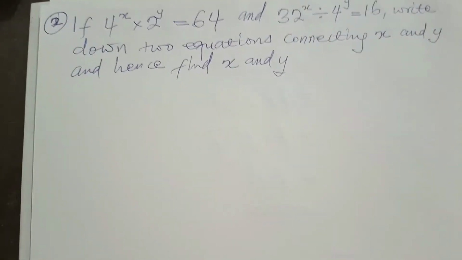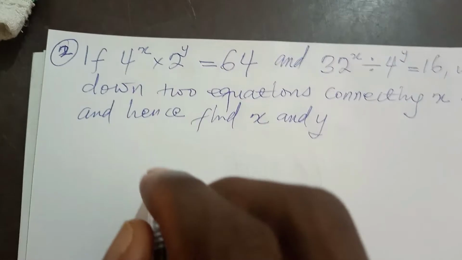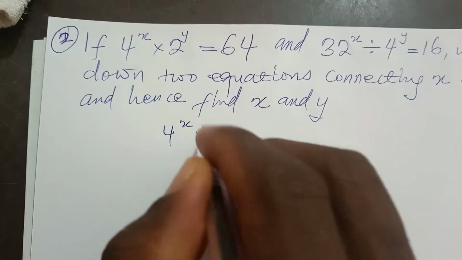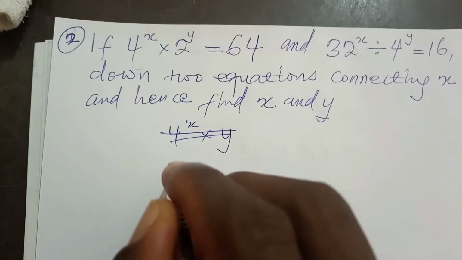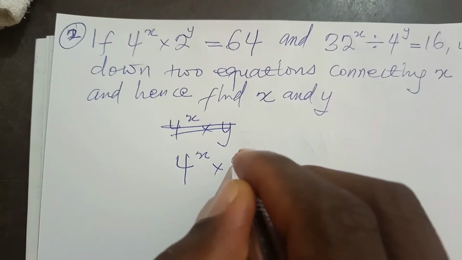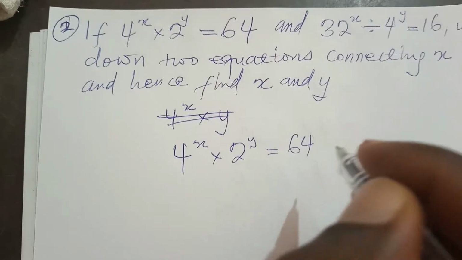Let's go and do it just like we did question 1. We rewrite our question: 4 exponent x times 2 exponent y equals 64.